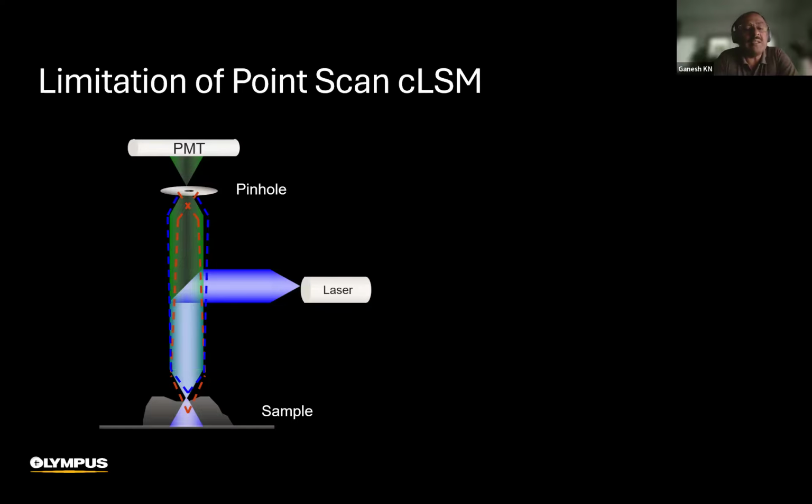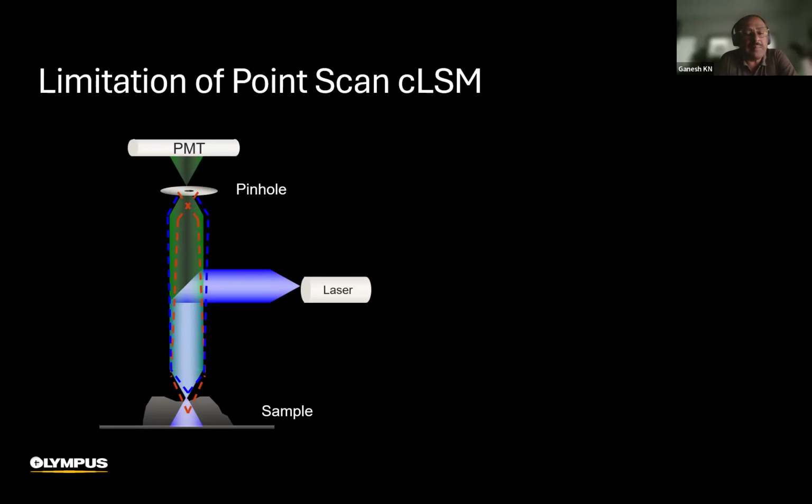If you are using a conventional wide field fluorescence microscope, a camera is probably used with an exposure time of 150 to 200 milliseconds or up to 500 milliseconds. But this camera is a multi-array detector where you have multiple pixels. You will be collecting all the pixels in one go, at 300 milliseconds, and you will get an image of the entire sample.